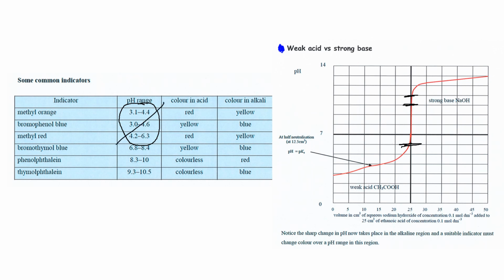So we can't use these, but we could use the bottom 3 because they change colour in the vertical region of the graph. So one of the questions would be, they give you a table of data with these indicators, and you have to pick a suitable indicator for your graph and explain why it would be suitable. Well, it changes color in the vertical region, or the point of equivalence on your pH titration graph.